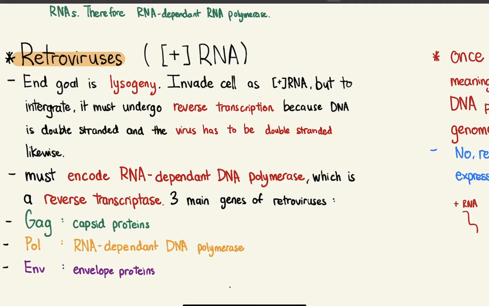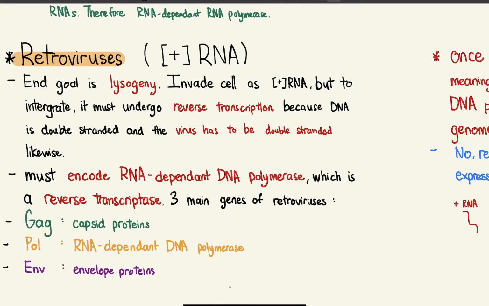Because the retrovirus enters the cell as a single-stranded RNA, of course it has to somehow be double-stranded. And this is made possible through the reverse transcriptase enzyme that will allow reverse transcription.